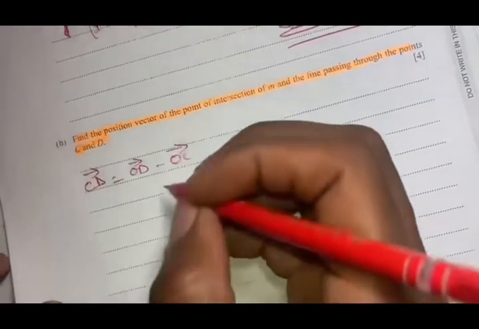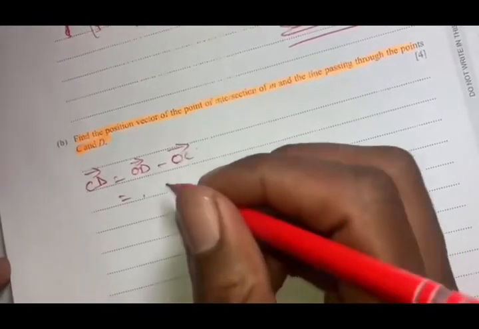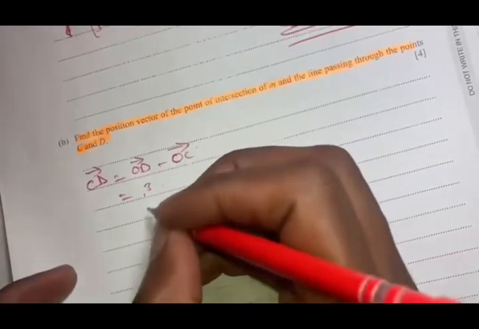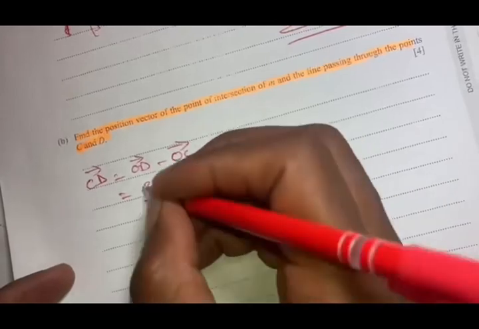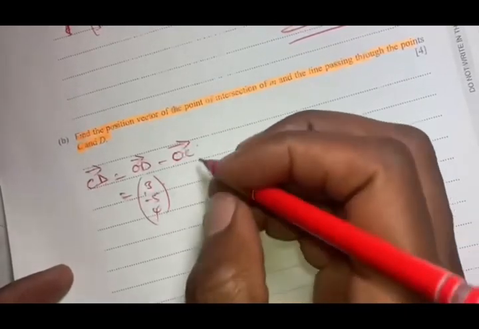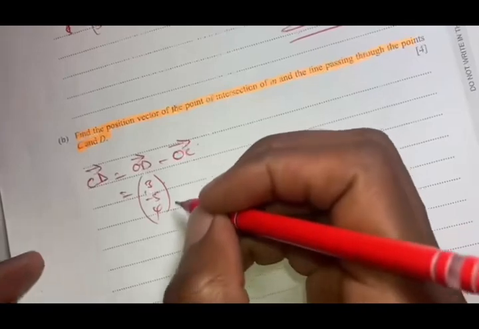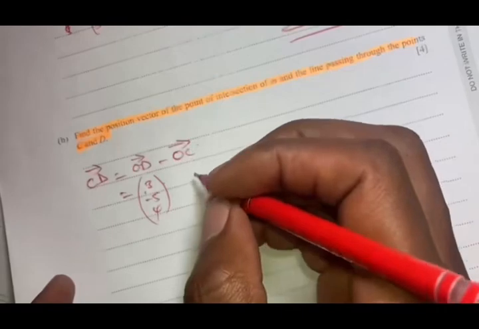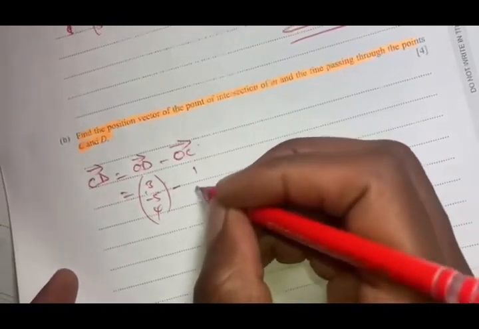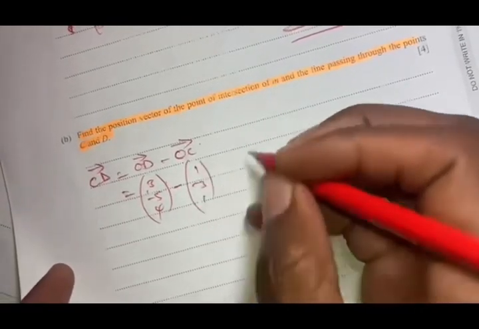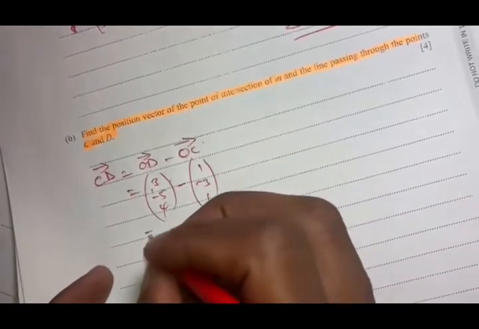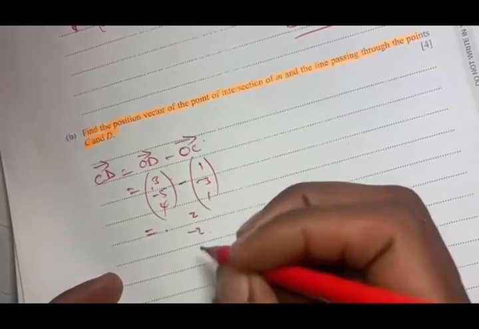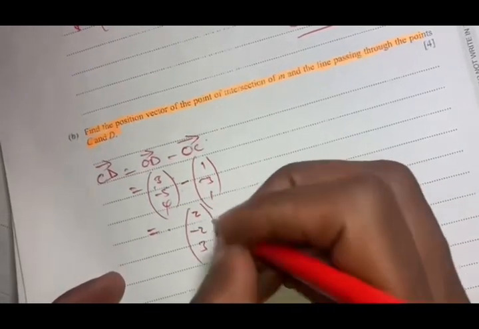OD is 3, minus 5, 4, and we subtract OC, which is minus 1, minus 3, 1. This will give me the value of CD.